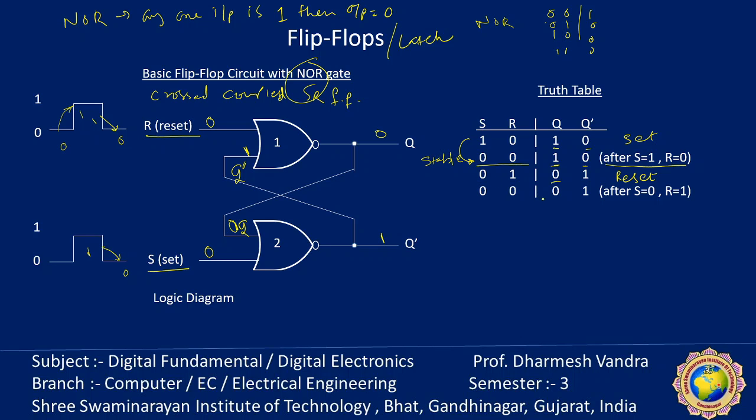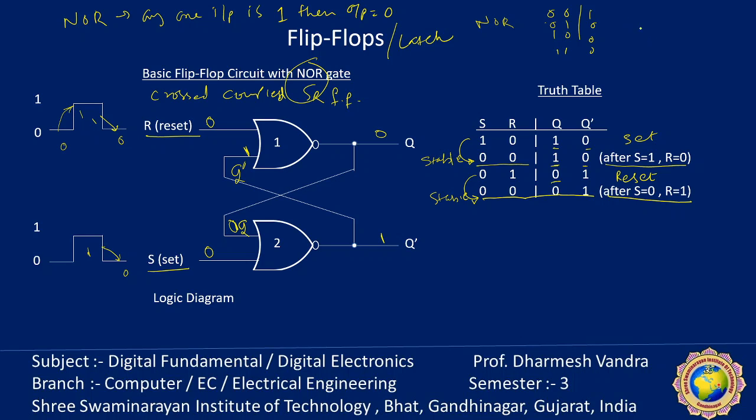So after the previous condition of set 0 and reset 1, the result remains the same. So again the stable condition. So at 0, 0 value, the output depends on the previous condition of the output. This is called that the output does not depend only on the input side.